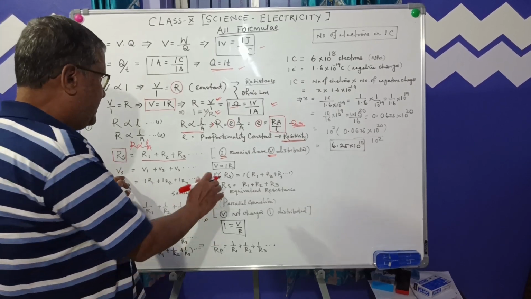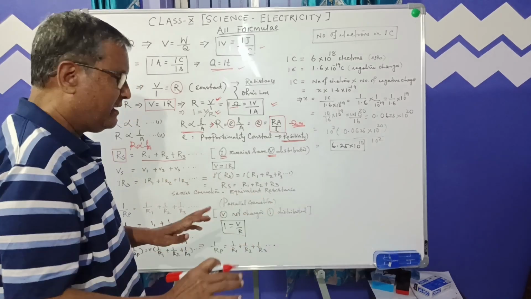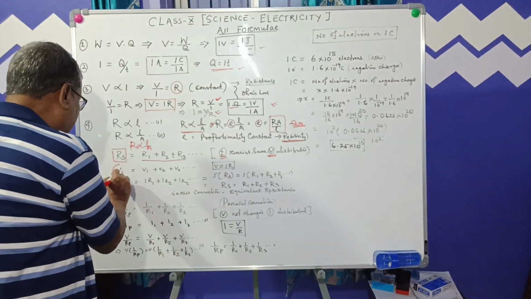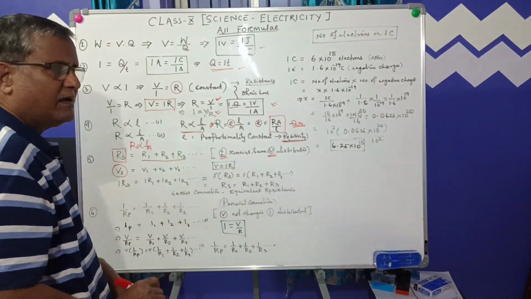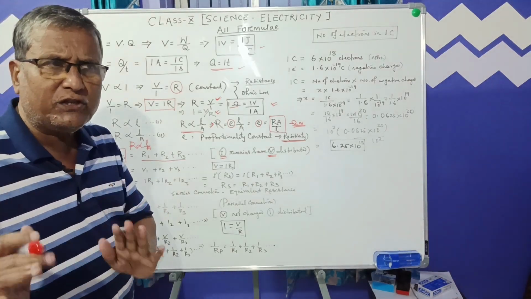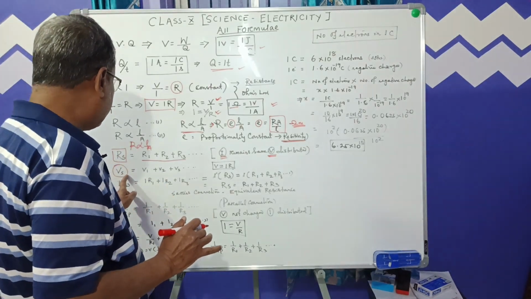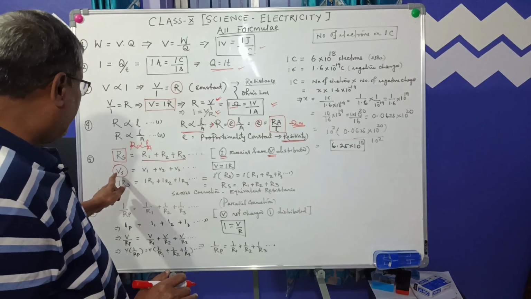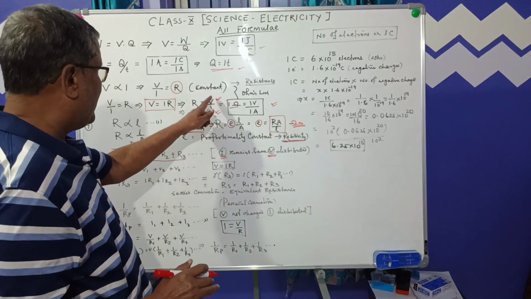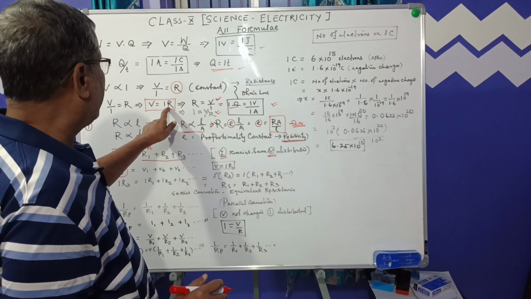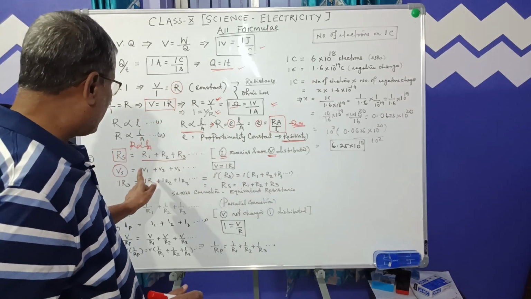Here V is distributed, so the total potential difference is V of resistors connected in series. From Ohm's law, V is equal to IR. Let us apply Ohm's law here.